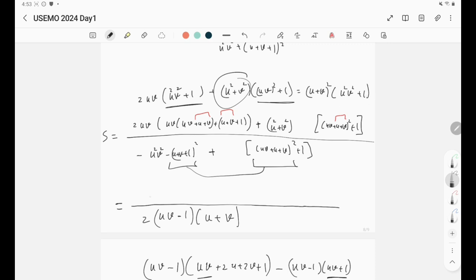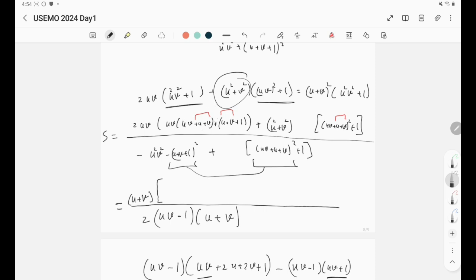Okay, now we can immediately take u plus v as a common factor. And because we know already that it's going to have u plus v as a common factor, we can immediately now factorize this. So let's take everything that has u plus v immediately.